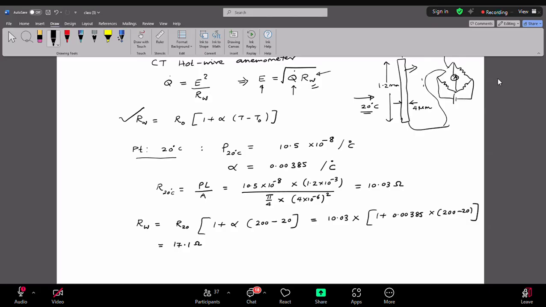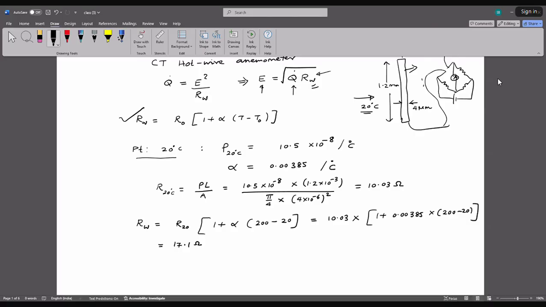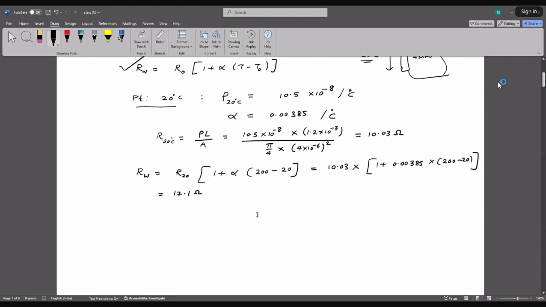Now to calculate the heat dissipated from the cylindrical wire, what is the formula? The heat dissipated by the cylindrical wire is H into A into delta T, right?